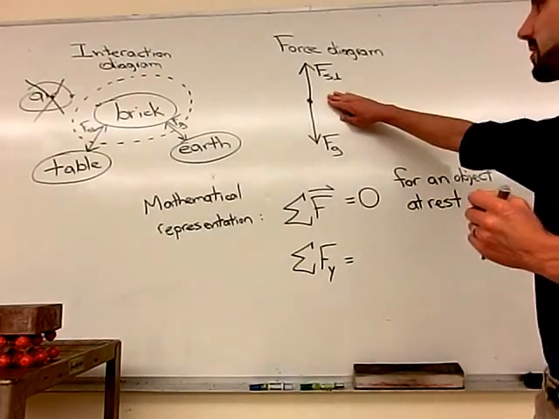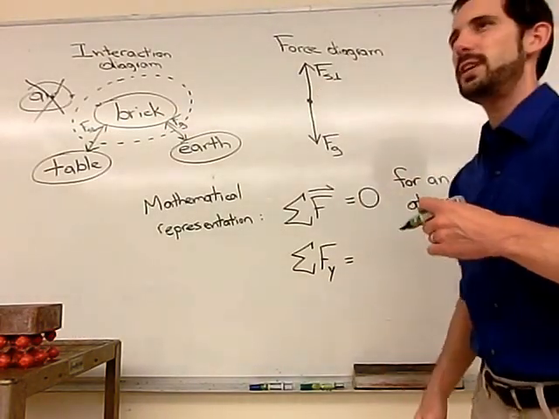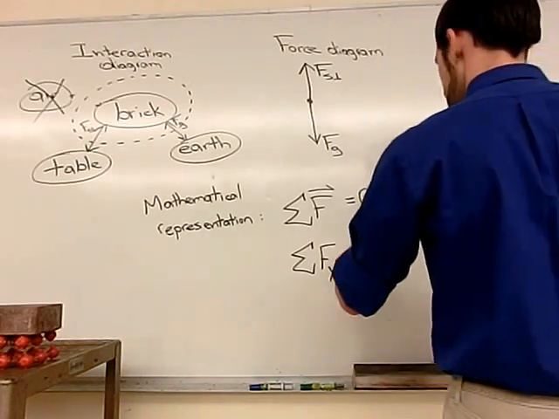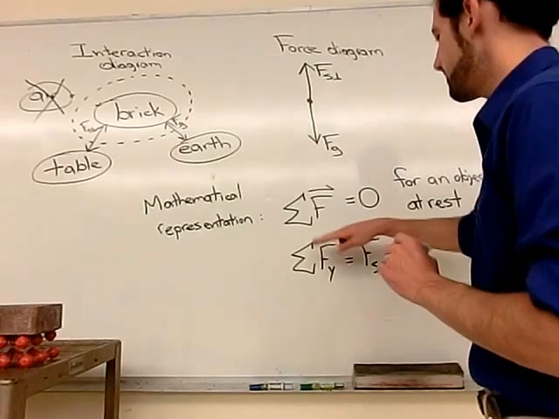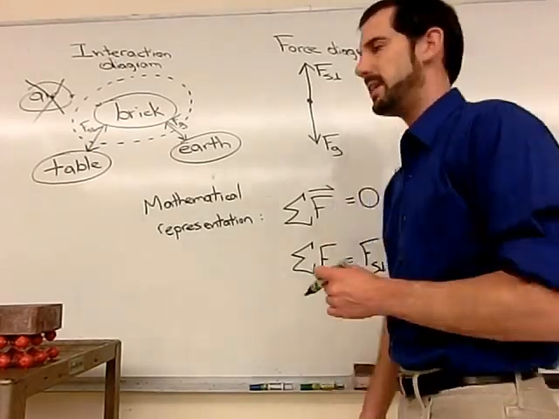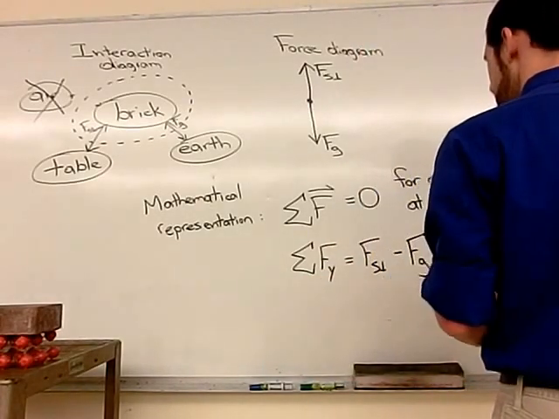And we can look at our force diagram, and we recognize there's an upward force. So using a coordinate system that has upward as positive, we'll say there's a positive surface force. And we add to that, and this is the sum of the forces, we add to that the gravitational force, which is downward. So we know this to be a negative force. Minus Fg.